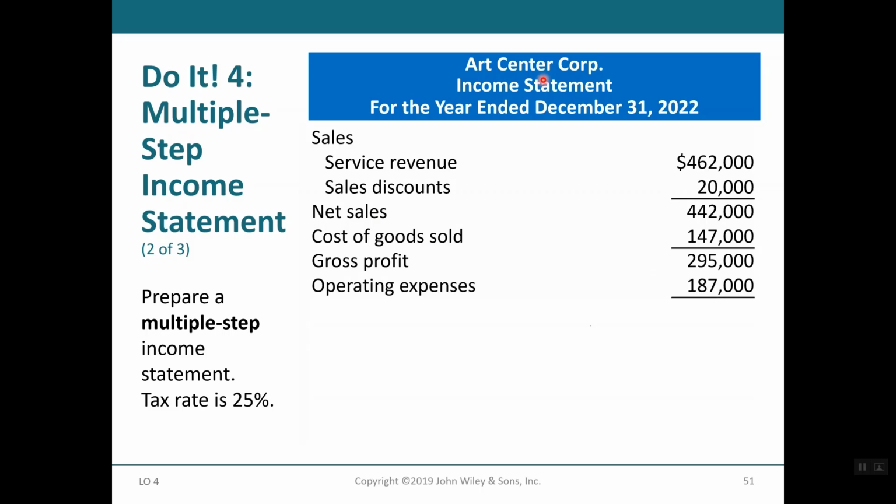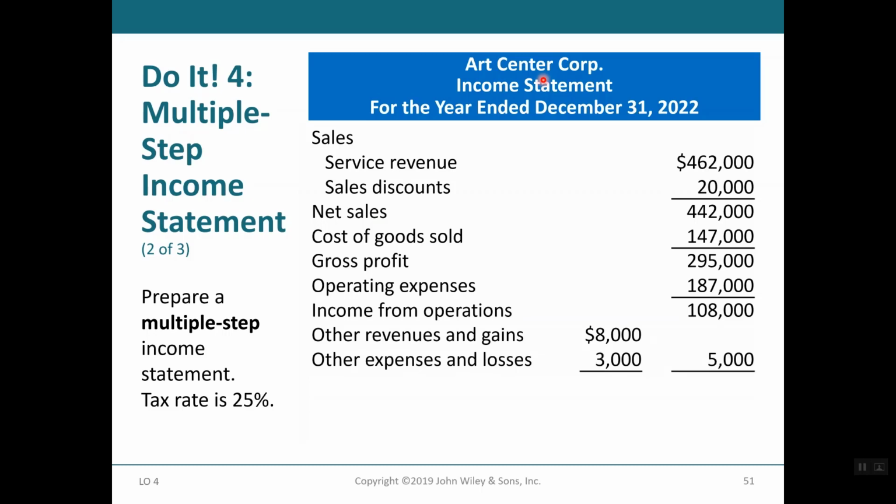They gave us operating expenses of 187,000. We deduct that to get our net income from operations, which is 108,000. Then we have other revenues and gains, 8,000. Other expenses and losses, 3,000. That gives us a net of 5,000. So we deducted from our other revenues and gains our other expenses and losses, and that gives us a net of 5,000.